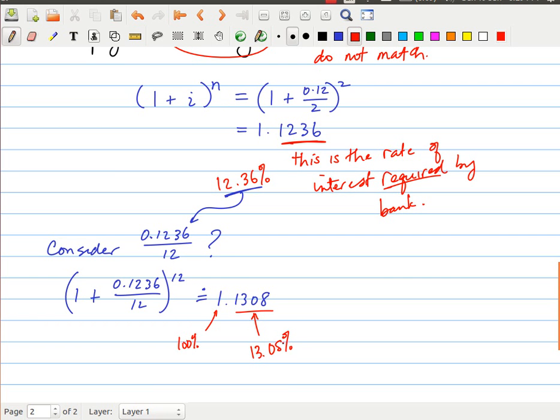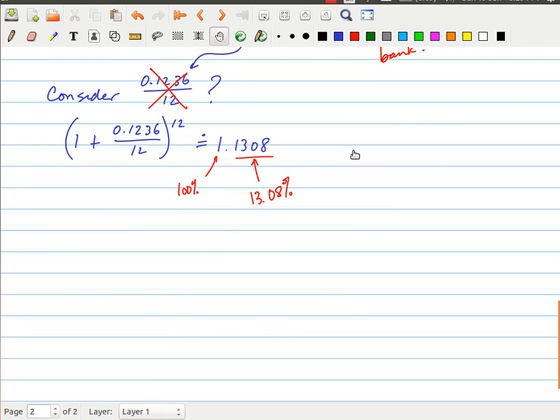But after you've done the calculation, this would have generated an interest rate of 13.08% over the whole year. But it is required that the interest rate actually work out to be 12.36%. So this cannot be correct. That can't be the interest every month, because that results in a number that's even bigger. So if that's not the case, so if this doesn't work, then what does?